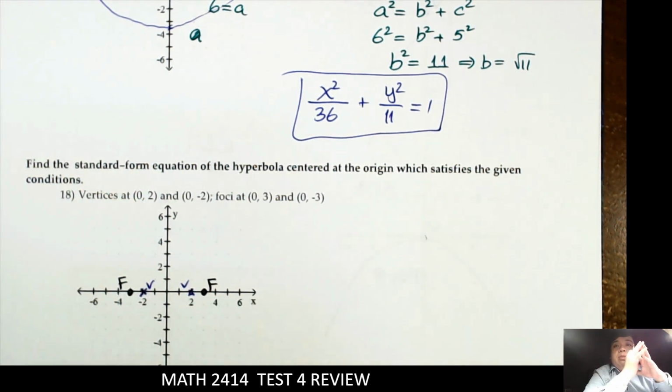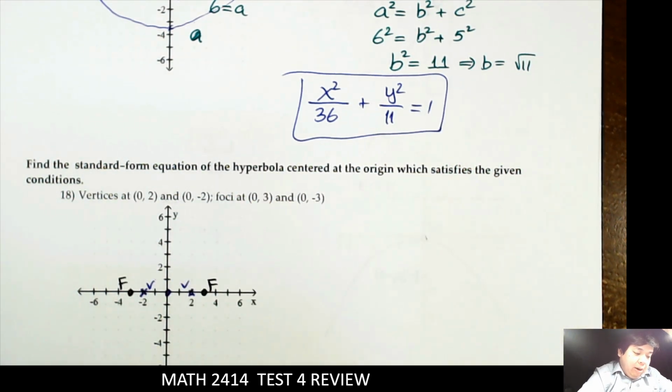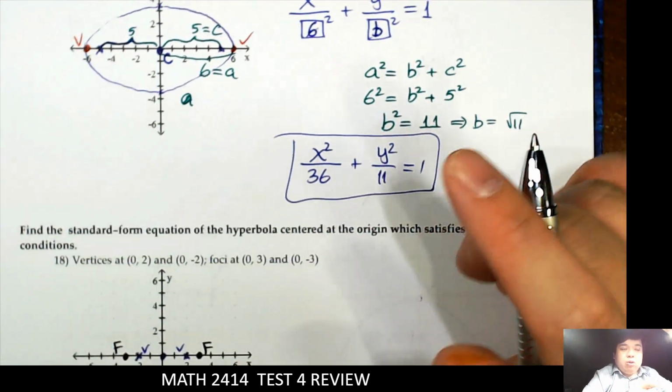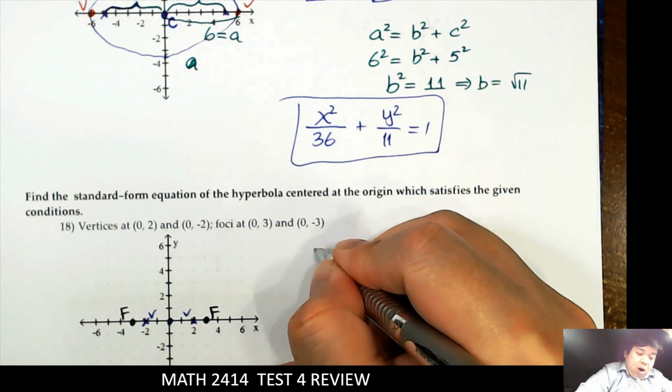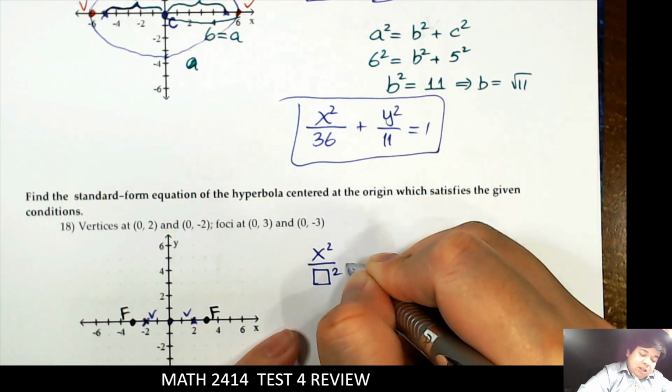Notice because of the symmetry, again, the center is going to be here in the middle. So hyperbola, the ellipse is easy: the sign in the middle is a plus. Hyperbola is the minus in the middle. So I'm going to write it like that.